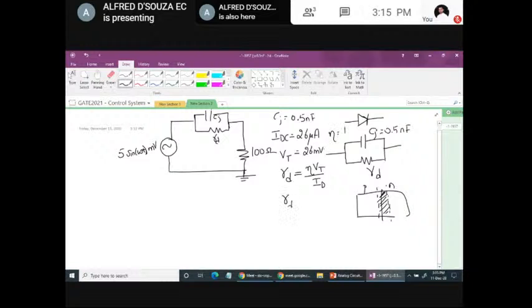So if I substitute all the values here, 26 millivolt by Id, which is 26 microampere, I can find out the value of Rd, which is 1 kilo ohm. So this is Rd. Next we are supposed to find out how much is the magnitude of the AC current.